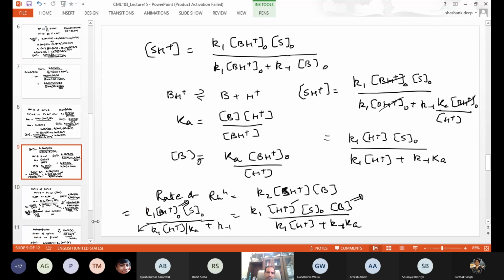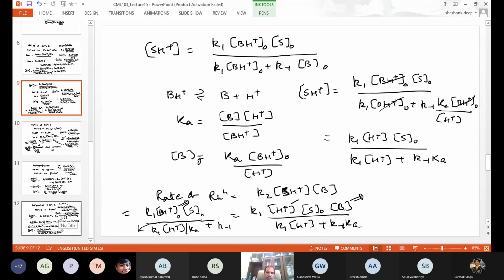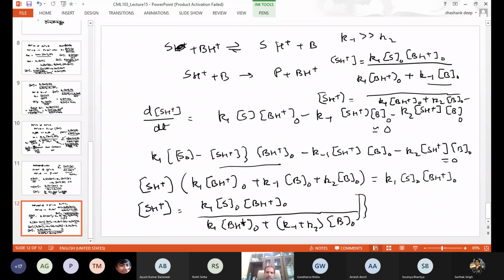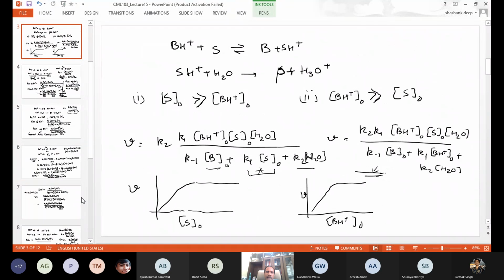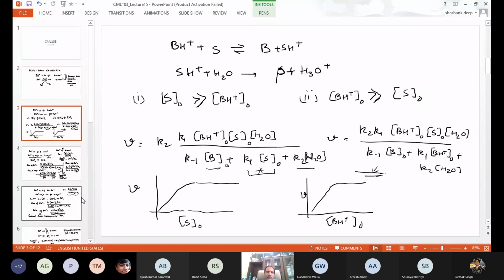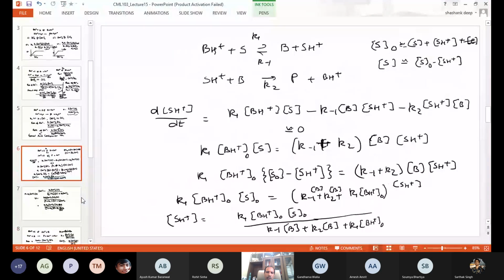Okay, so that's what it is. This is all about it. Similarly, you can think about base catalyzed reactions. So now you understand in which case it can be acid catalyzed, and in which case it can be base catalyzed.